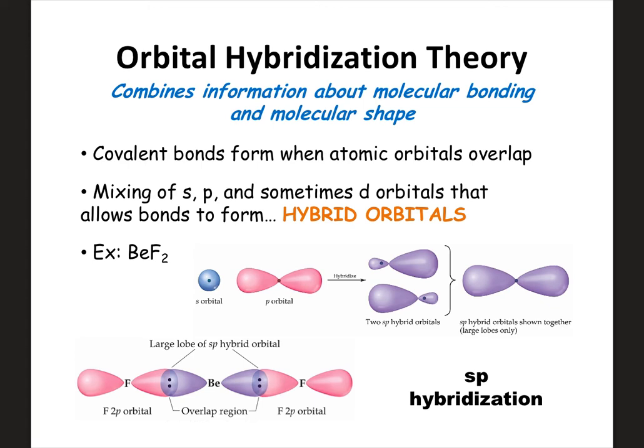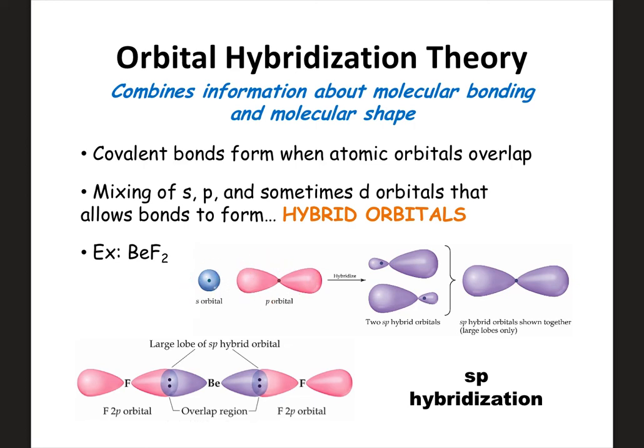All right, so you need to realize that when covalent bonds actually form, these orbitals that we talked about with atoms, these s, p, d orbitals, come together and overlap to form bonds. So for example, when you look at the compound BeF2, beryllium is coming in with an s, but then each fluorine is coming in with a p.